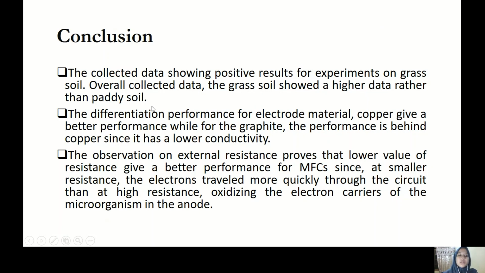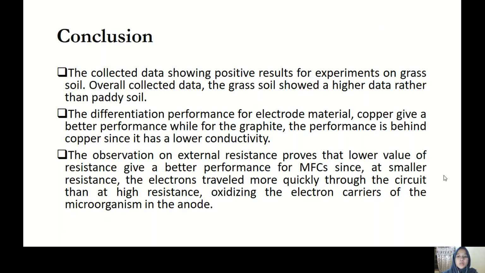And objective number 2 is to differentiate the performance of electrode materials. Based on the result, we could see that copper gave a better performance, while graphite's performance is behind copper since it has a lower conductivity. And the last objective is to observe the external resistance.